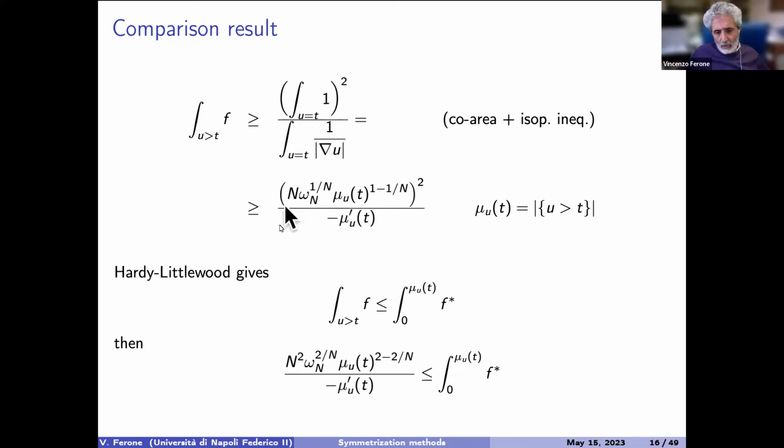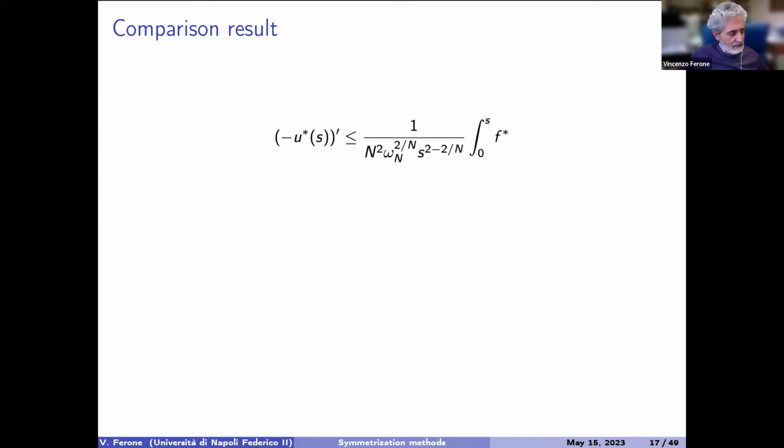And so we arrive to this, and then at this point we have an inequality where only mu of u is involved. Recalling that mu and u star were the inverse function of each other, then from the inequality which I have shown before, minus u star prime is less or equal than this quantity.